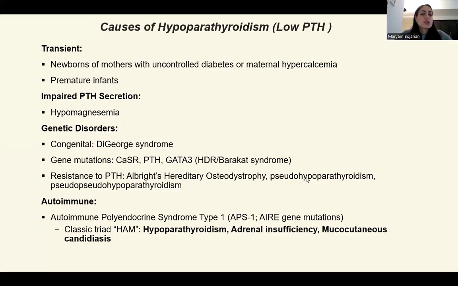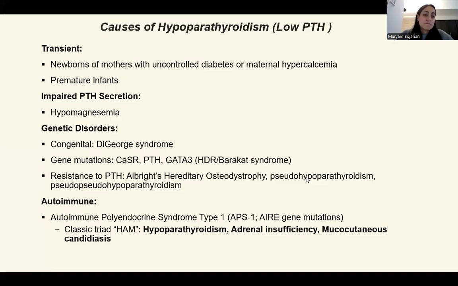Some genetic disorders like DiGeorge syndrome can cause it. Also, a genetic mutation in the calcium sensing receptor or parathyroid hormone can cause hypoparathyroidism. And we do have resistance to parathyroid hormone. In this category, we have Albright hereditary osteodystrophy, and we have pseudohypoparathyroidism as well.